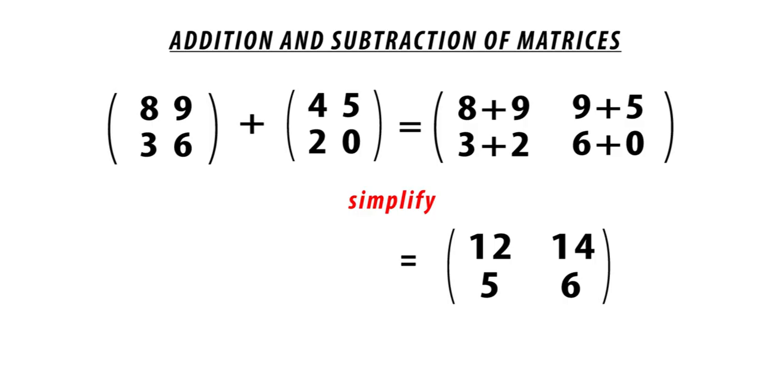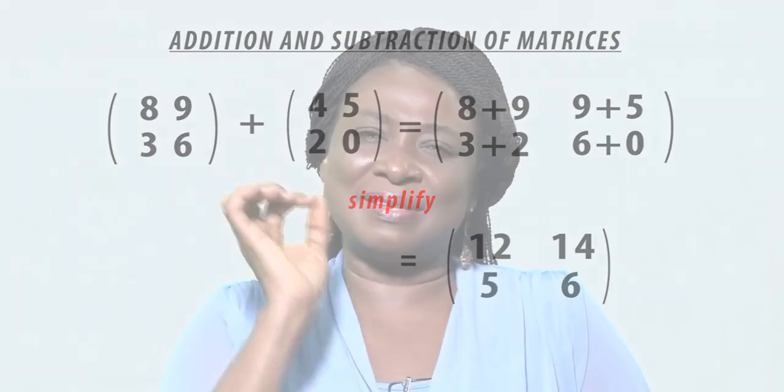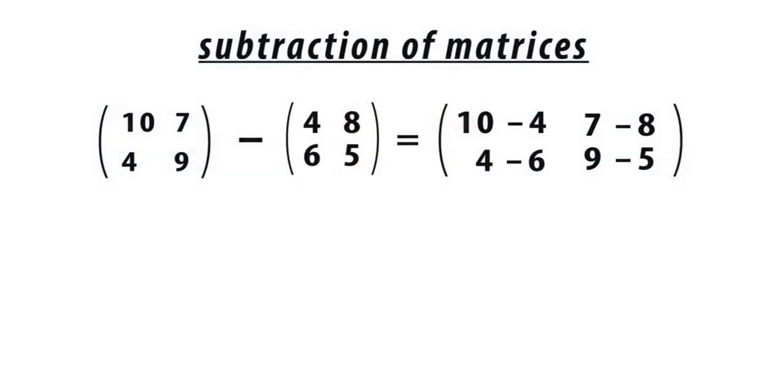Good. Subtraction of matrices is done in a similar way, except that the corresponding elements are subtracted. That is, we have the matrix 10, 7, 4, 9 minus the matrix 4, 8, 6, 5.